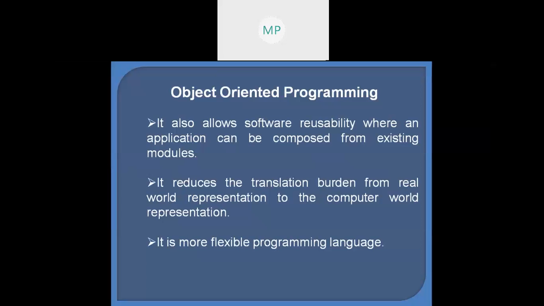It is a more flexible programming language as compared to others. Our conventional programming languages, like functional or procedural programming, only focus on the methods, which is nothing but the algorithm, rather than the data.